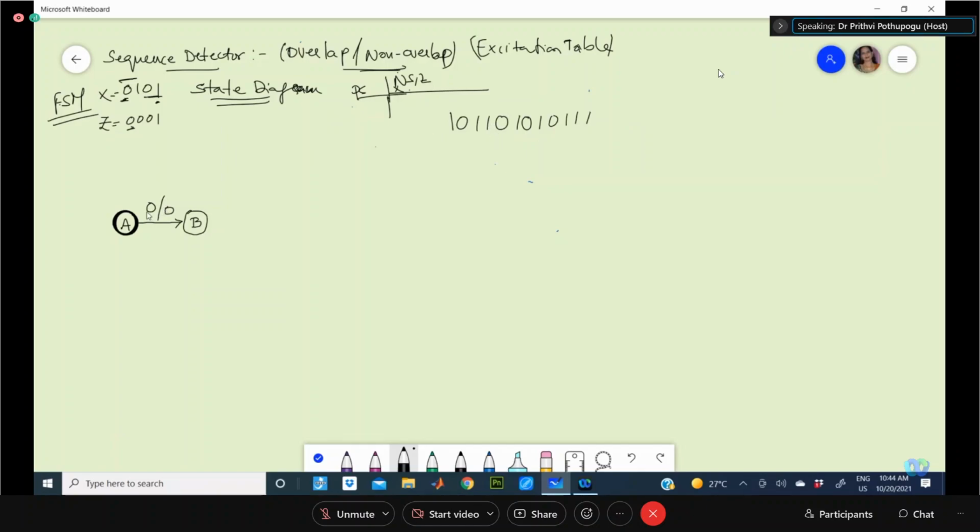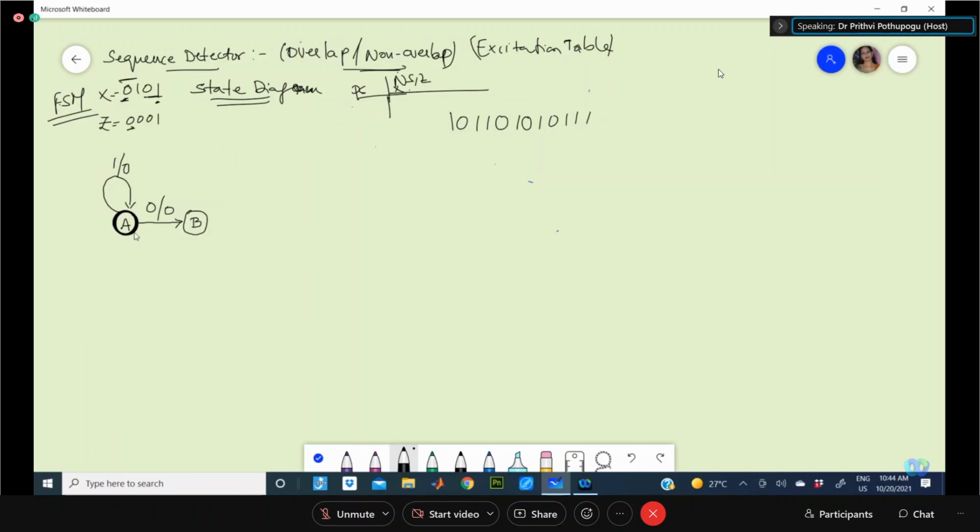So if 1 is coming, where should it go? Will it start the detection of the sequence? The first bit instead of 0, if 1 is coming, it is not in the sequence, so it should stay in the same initial state A. So 1 is the input, output will be 0.